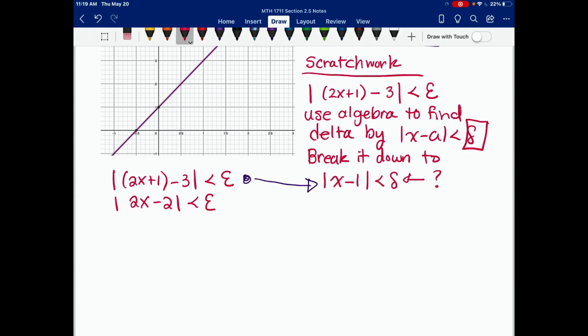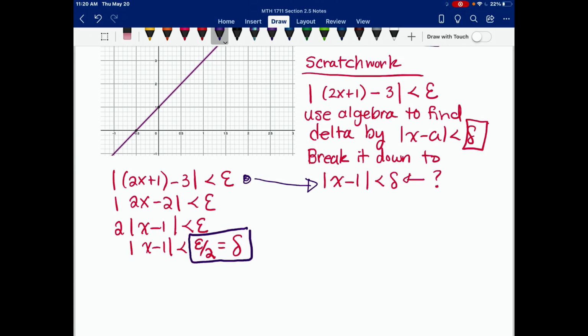I can factor out a 2. And now I get the absolute value of x minus 1 is less than epsilon divided by 2 if I divide both sides by 2. So I want to let delta be epsilon over 2. So we found out what our delta should be in order to make this work. Now we're going to formally write up the proof.